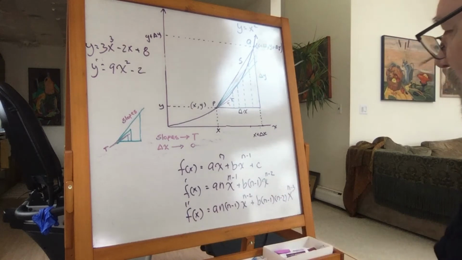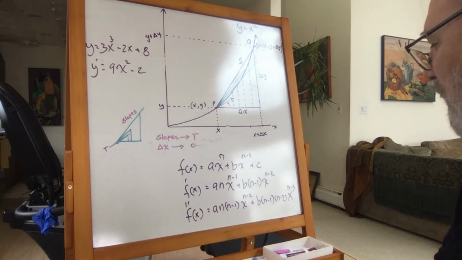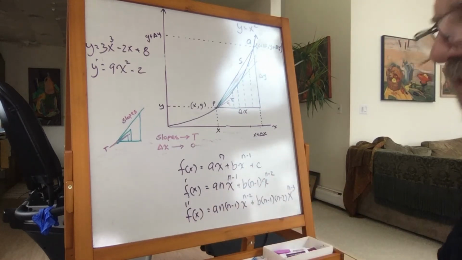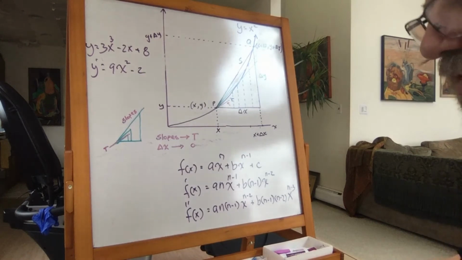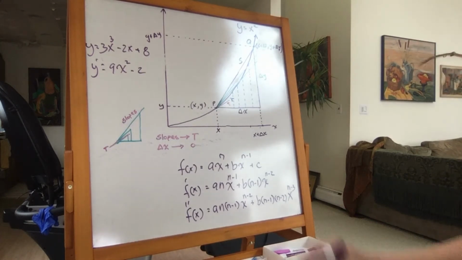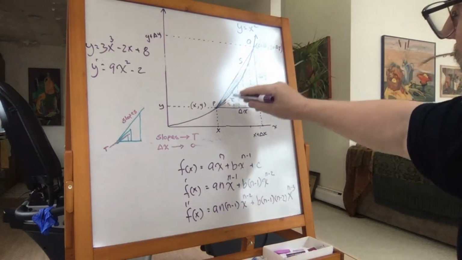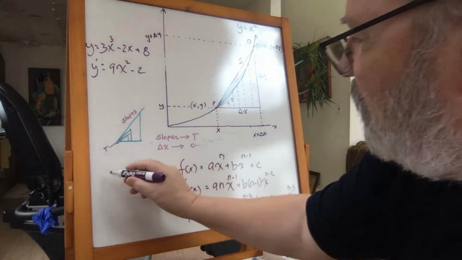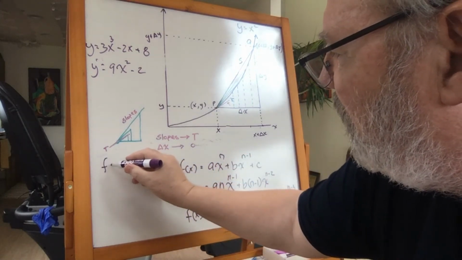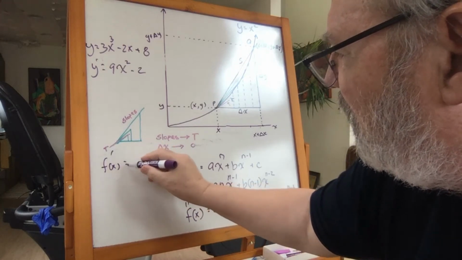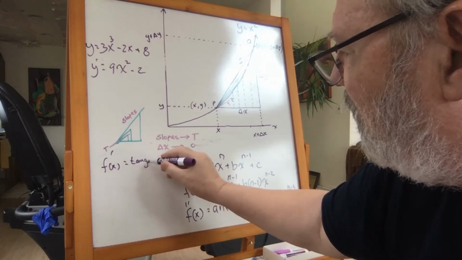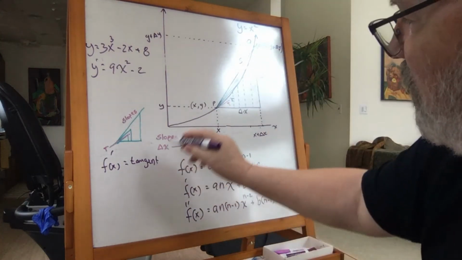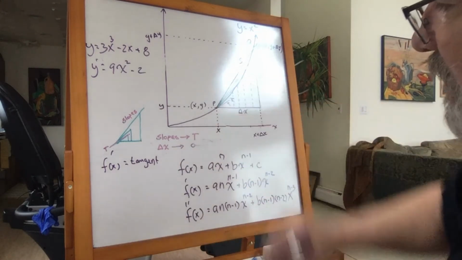Usually we don't need to go beyond the second derivative. If a function is large enough, you can take second, third, fourth derivatives. They're usually not so helpful. The first one is helpful. It's the rate of change of the function at any given point. And we know that to be the tangent, so f prime of x is the slope of the curve at any given point, but it's also the rate of change of the curve at that given point.